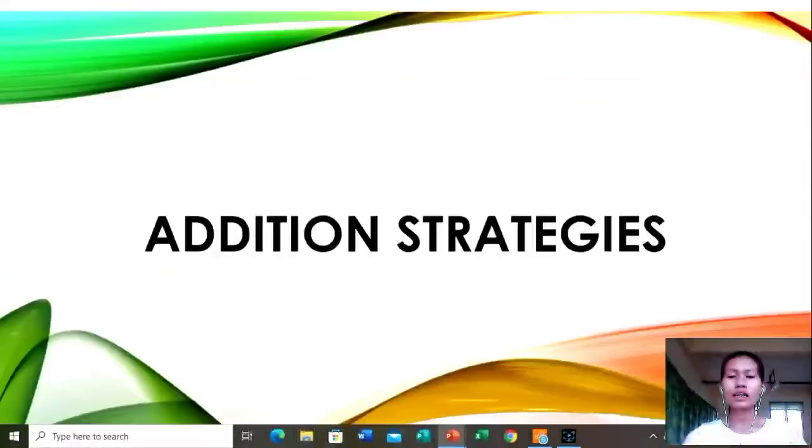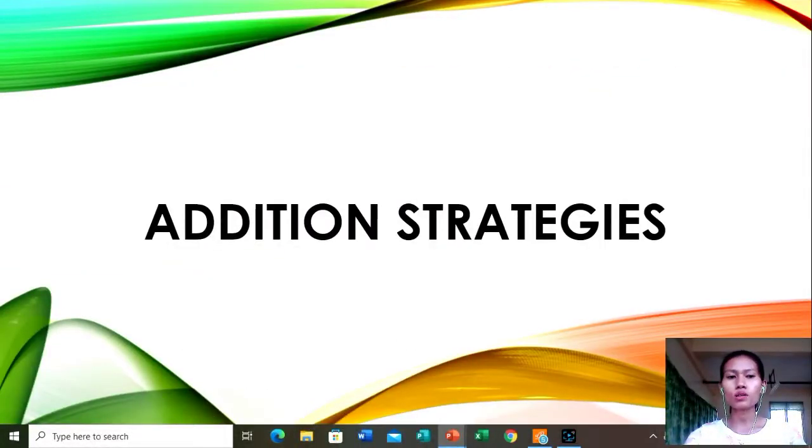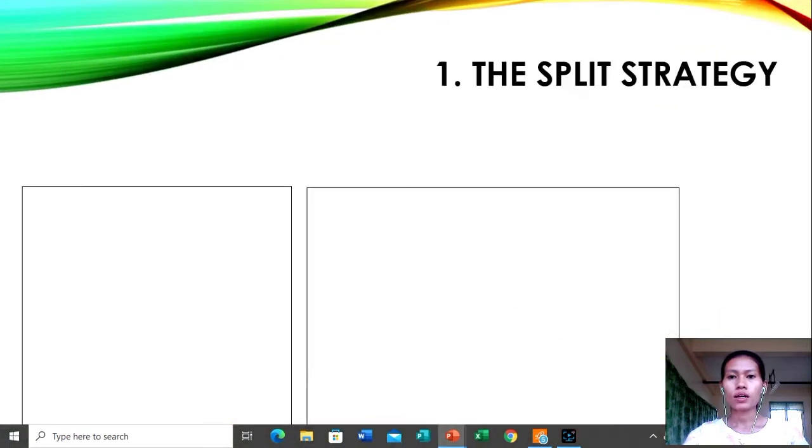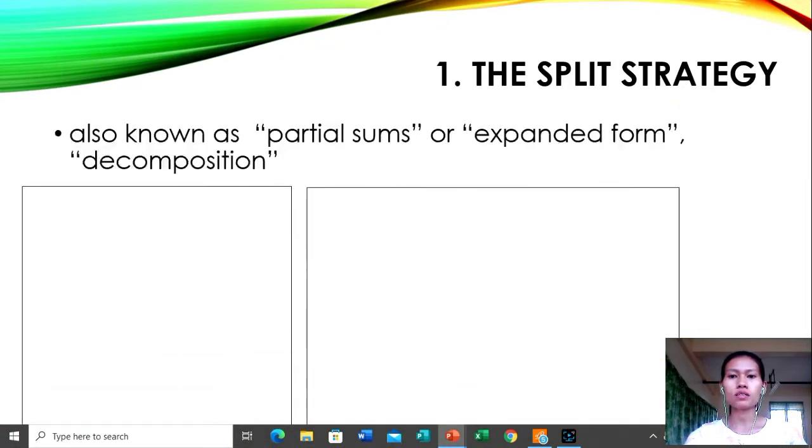So first, in addition. How do we use those 3 strategies in addition? We have the split strategy. A split strategy is also known as partial sums or expanded form or decomposition. Kanina po na-define na natin yung split strategy, and sabi doon, split strategy is breaking down the numbers into its place value.